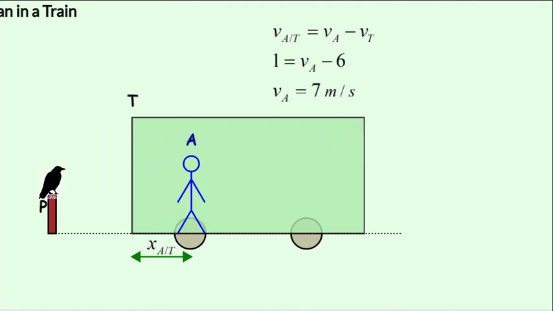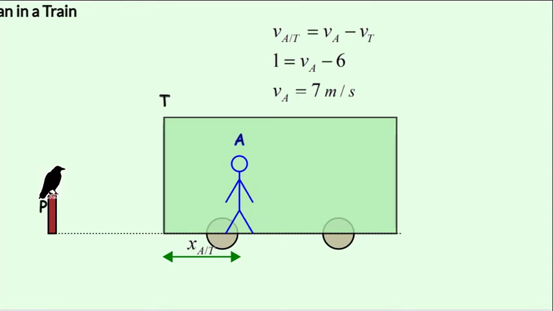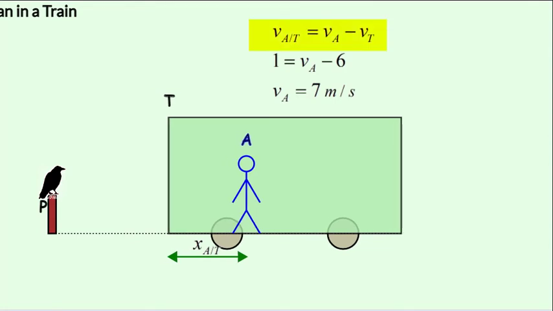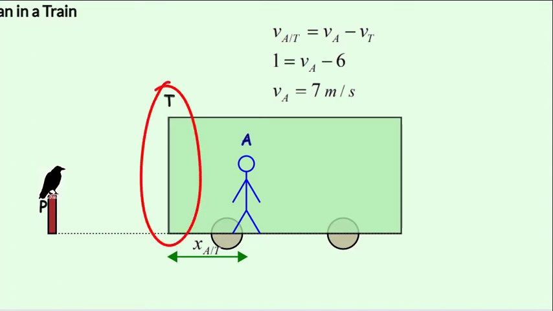By definition of the relative velocity of A with respect to t, it would mean the velocity of the man A with respect to the ground minus the velocity of the train t with respect to the ground. Since the man A is moving away from the left wall of the train compartment with a speed of 1 meter per second, VA with respect to t would be 1.